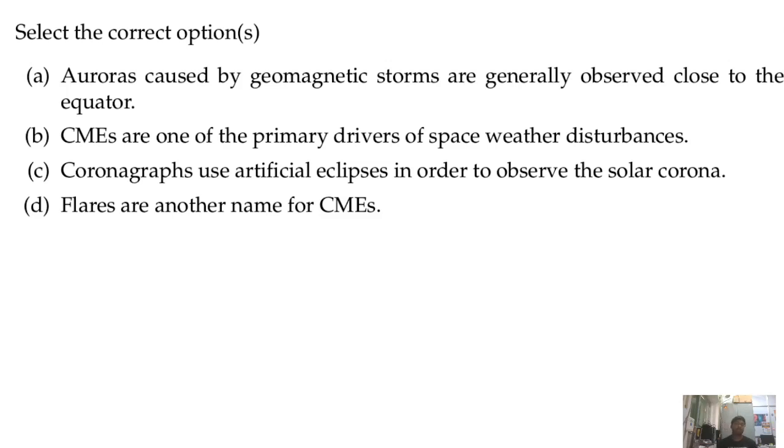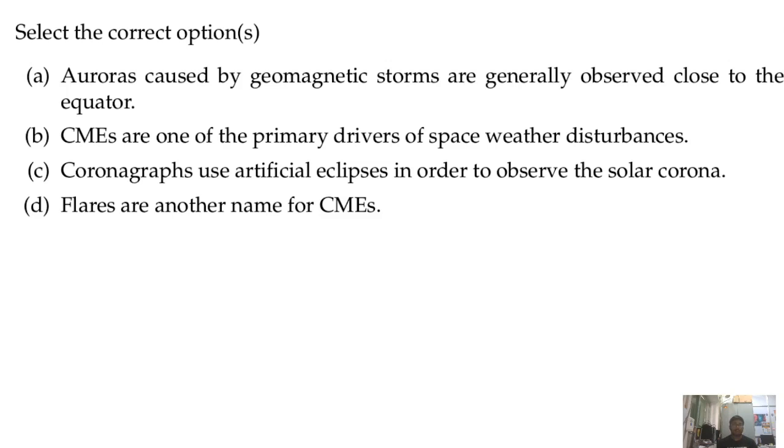Now, coronagraphs use artificial eclipses in order to observe the solar corona. Absolutely correct, because the solar corona has less density than the on-disk photosphere. So the light coming from the photosphere is very much higher than the light coming from the solar corona.